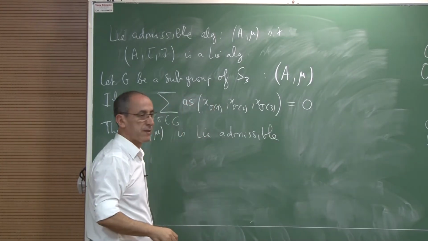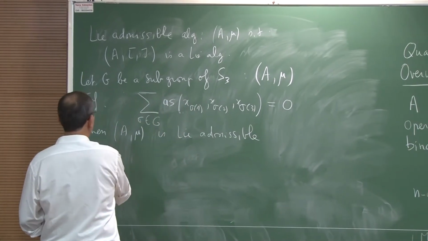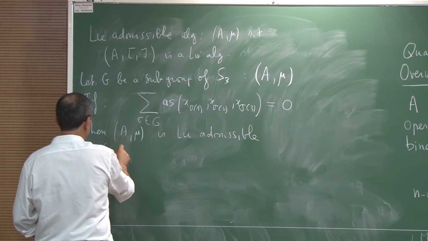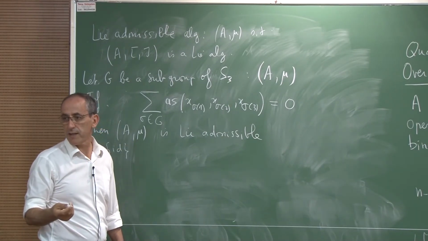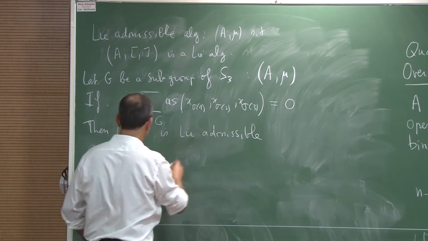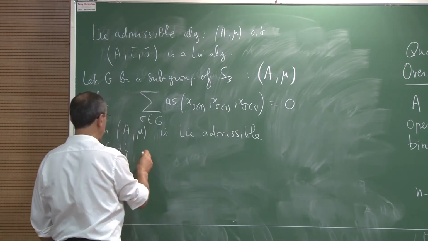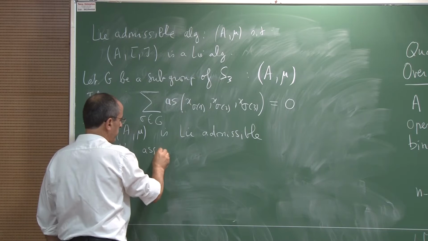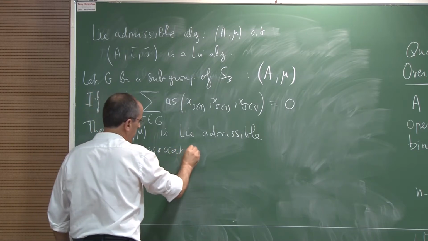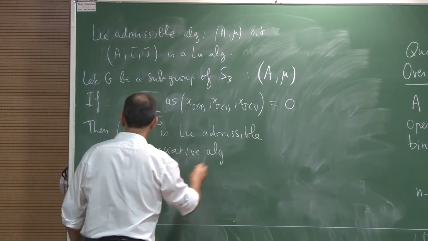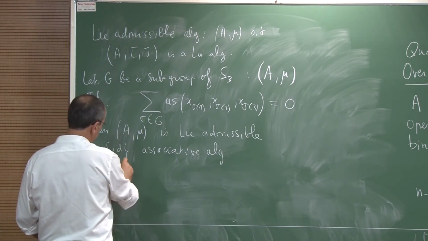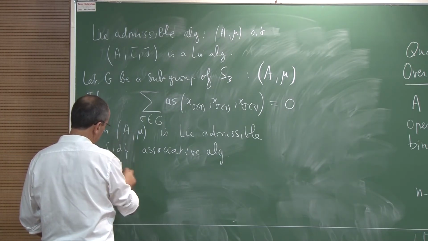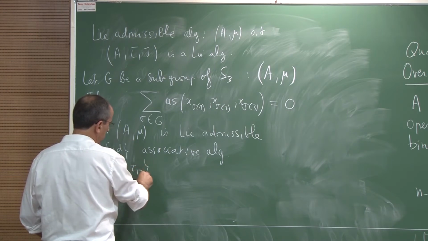And of course, if you take G to be the identity, what you get is exactly the associative algebra. This is just the associator equal to 0, then this is an associative algebra. And now let's, for example, take G to be the identity and the transposition (1 2).